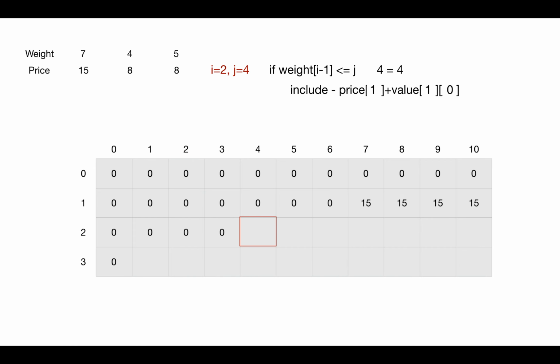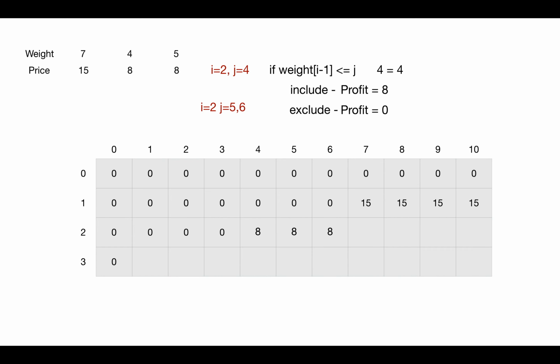So hence profit gets 8. And if we exclude this item, we get profit 0. So clearly for this problem, profit 8 is maximum. So we update it with 8. So this continues for capacity 5, 6, the profit will be 8.